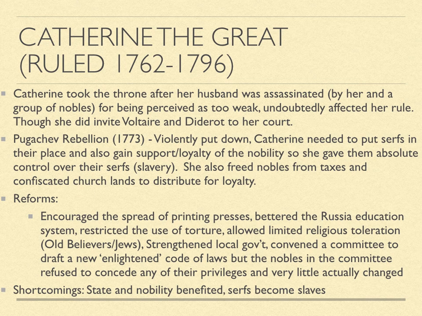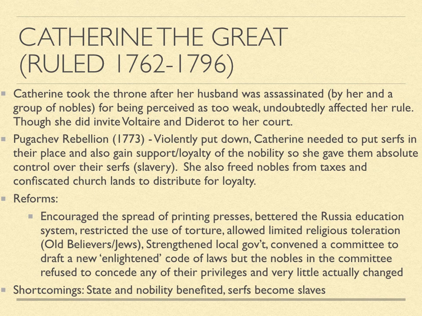Serfs didn't even have a right to their life, so nobility could freely kill peasants if they wanted to. She also freed nobles from taxes and confiscated church lands to distribute to nobles in exchange for their loyalty, which created economic problems for the state to some extent down the road, which we'll talk about later.